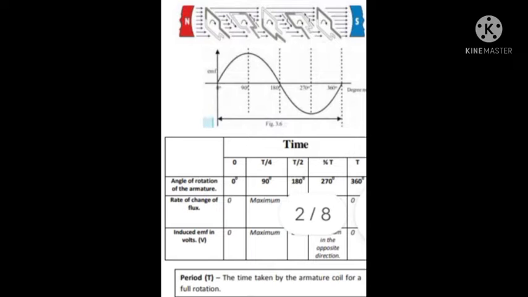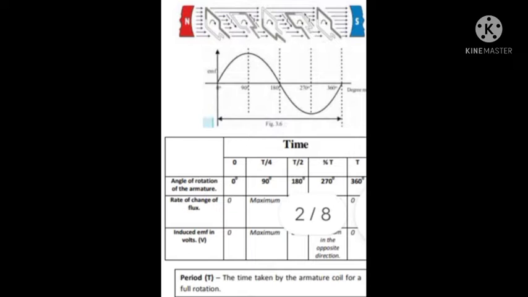When the armature is perpendicular to the magnetic field, the EMF is 0, that is minimum. In the second case, the armature is parallel to the magnetic field and the EMF is maximum. Likewise, the process continues.